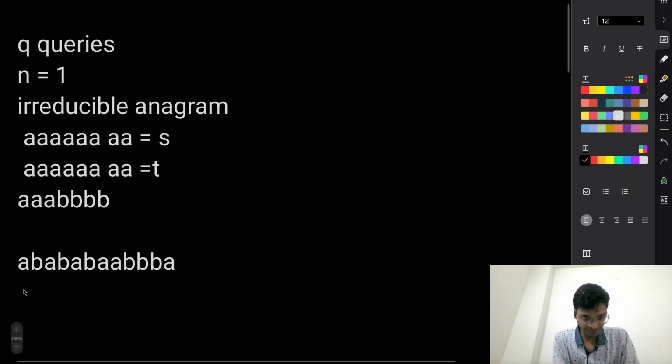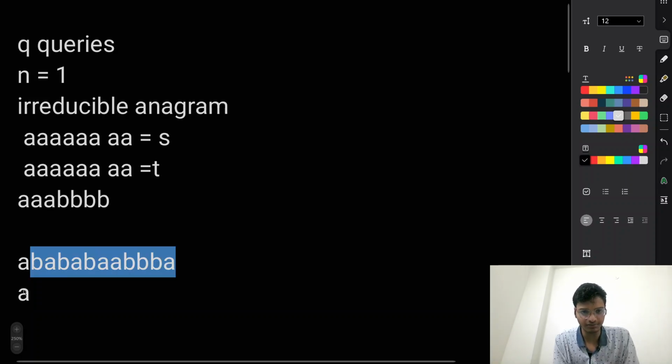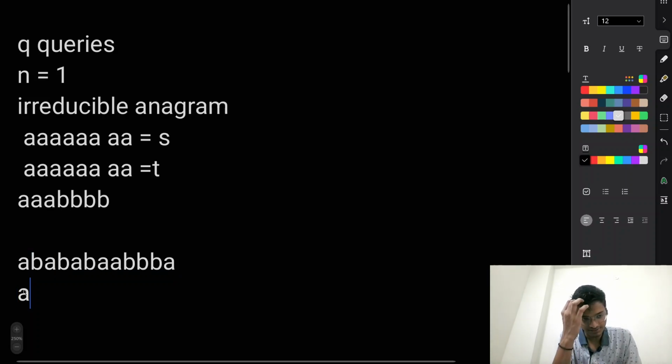If the first character is A, then we cannot put A at any cost, since I can partition here, and this and this are equal, and the rest will definitely be equal since the frequency of both of them will be the same. So if there are two different characters, I will go with B, because we need some different character to put.